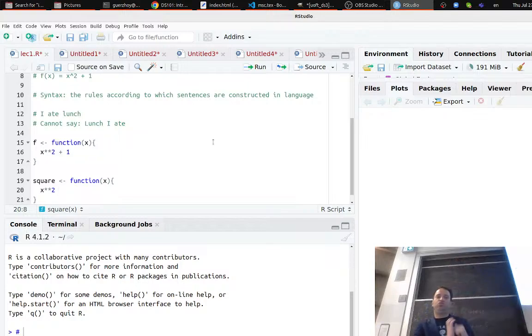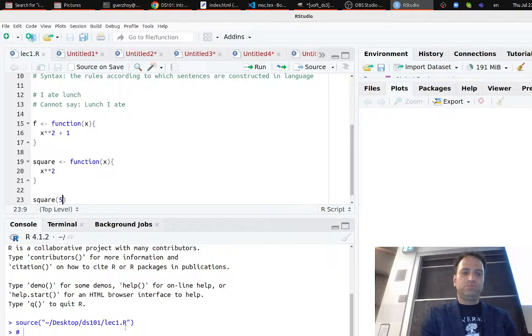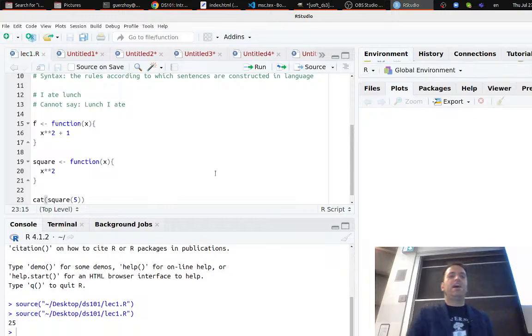So for example, change this to say that this is now a function named square, and that computes x squared when you give it x. Okay. So in general, here I would try to run it. So that ran, and if I tell it to print it, then it will print 25.